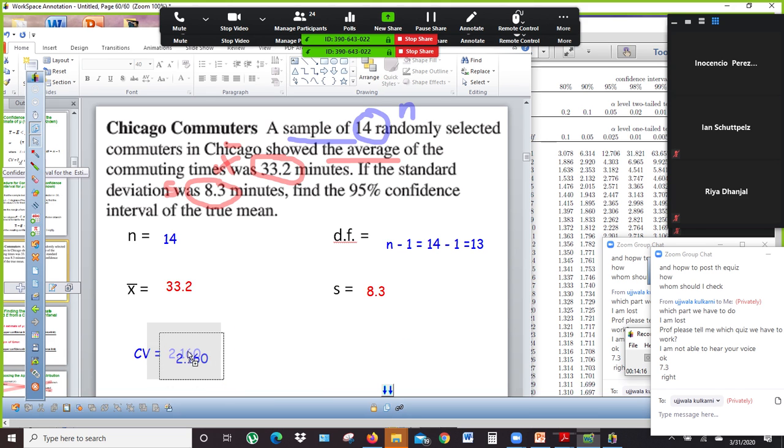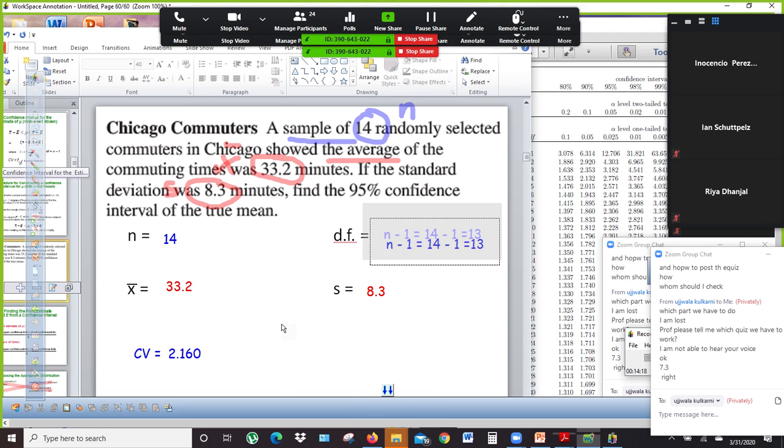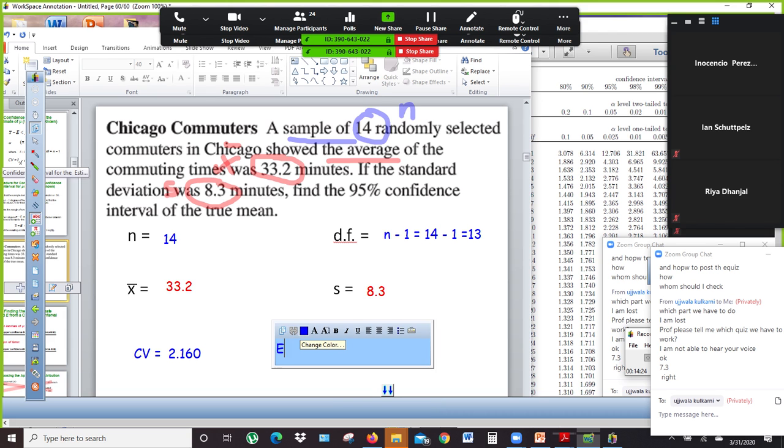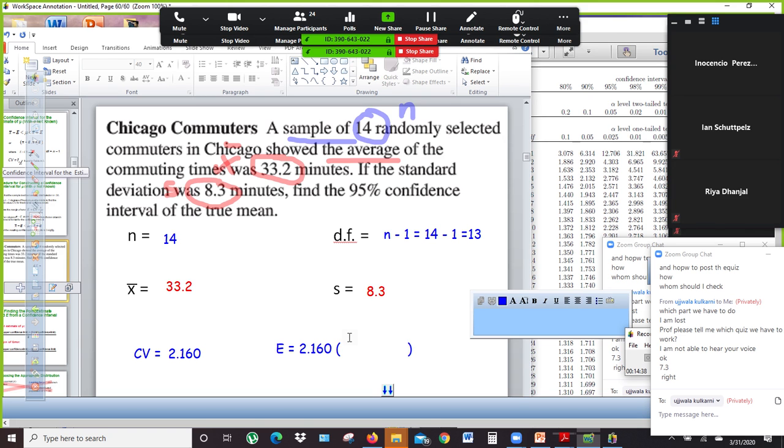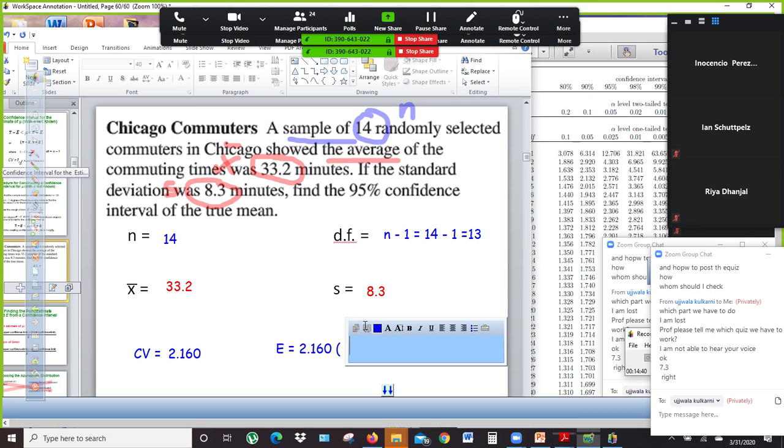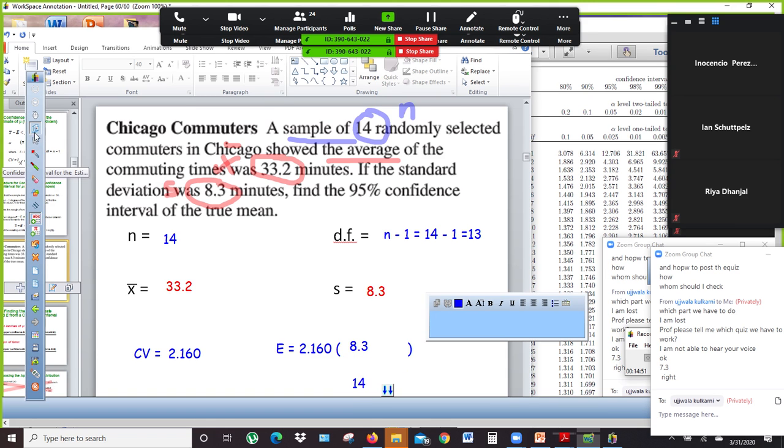And so now we need to find the error. Our error will be our critical value, 2.160, times, I'll leave a giant parentheses here so we have some room, the top part is going to be S, 8.3, over the square root of n, which is 14.